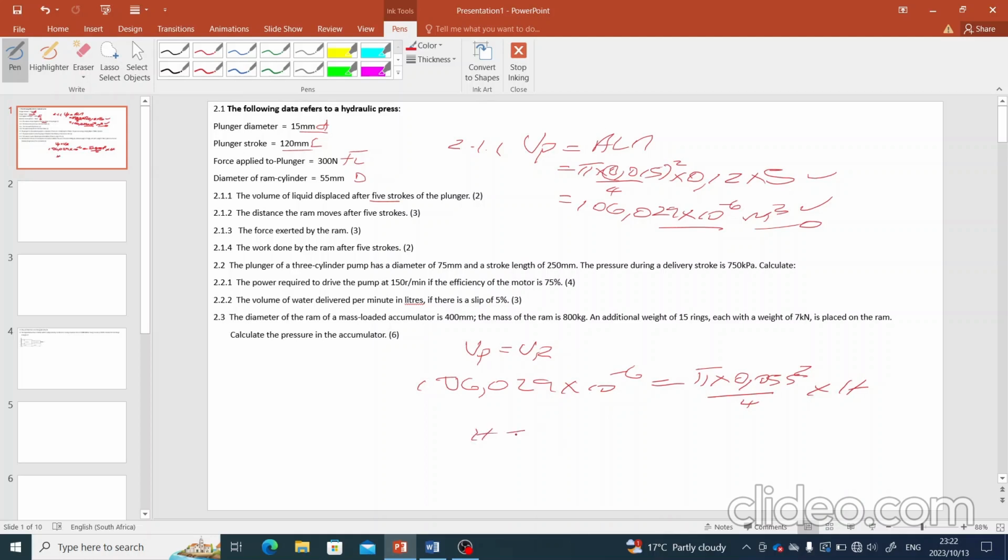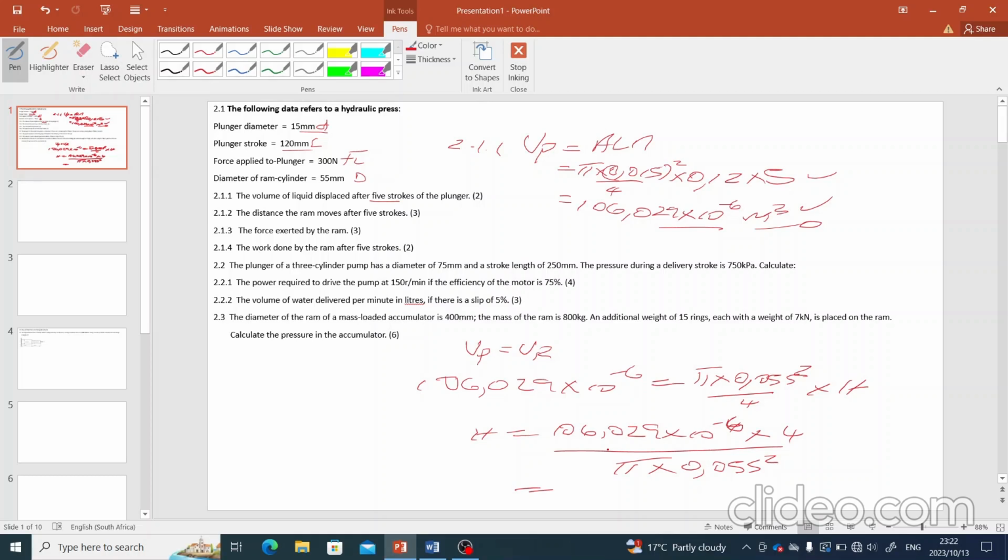Then our h would be 106,029 times 10 to the power negative 6 multiplied by 4, divided by pi times 0.055 squared.